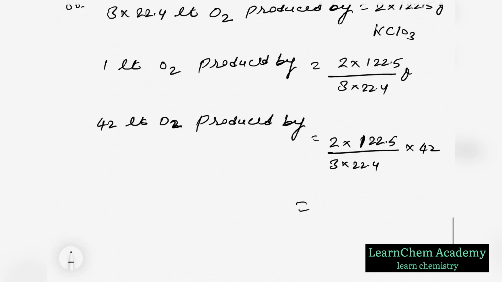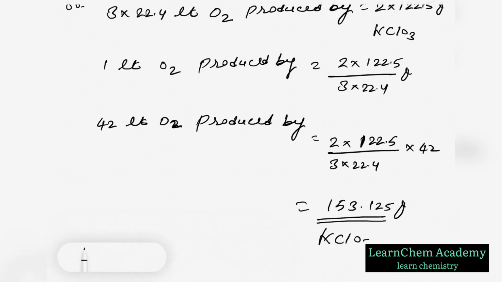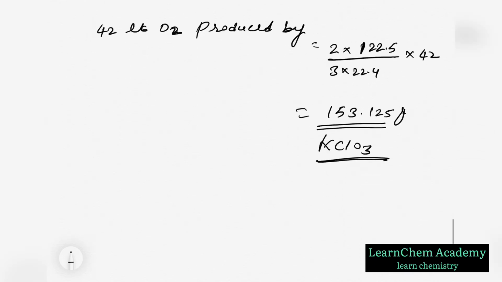So we will get 153.125 gram of KClO3. So the required amount of KClO3 will be 153.125 gram.